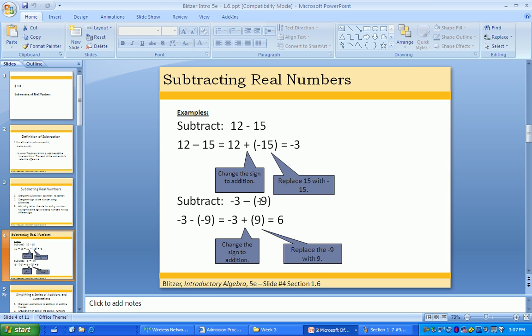And since the 9 is connected to a negative, we have to change that to a positive. So we replace the negative 9 with a positive 9. And now we have negative 3 plus 9. And again, remembering those simple examples from the number line addition, negative 3 is on the left side of the number line. When we add positive 9, we go to the right 9 places, and we end up at positive 6.